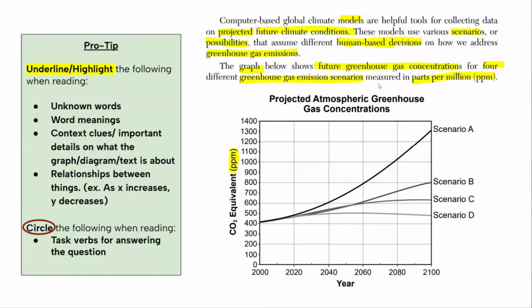And it says measured in parts per million ppm. So I see ppm right here, or parts per million. It says CO2 equivalent. I know that this just means greenhouse gas emissions that are measured in parts per million. So how much greenhouse gas is being emitted in 4 different scenarios or possibilities in which humans are making decisions about greenhouse gas emissions.